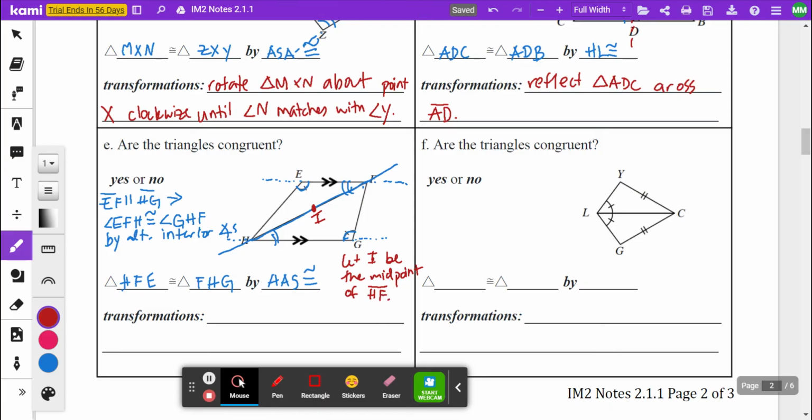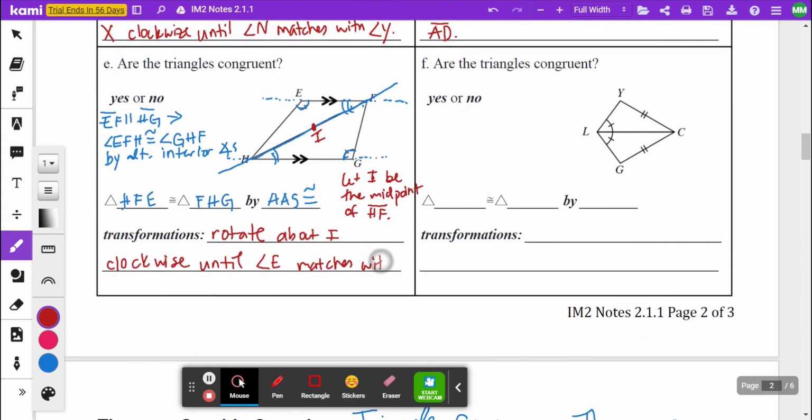And the transformation I will use is to rotate about I clockwise until angle E matches with angle G. And that would also bring angle EFH to angle FHG.